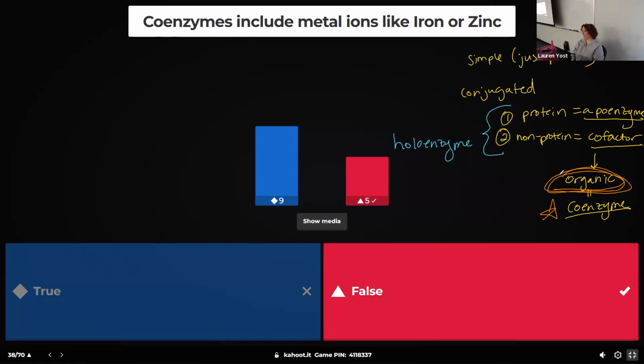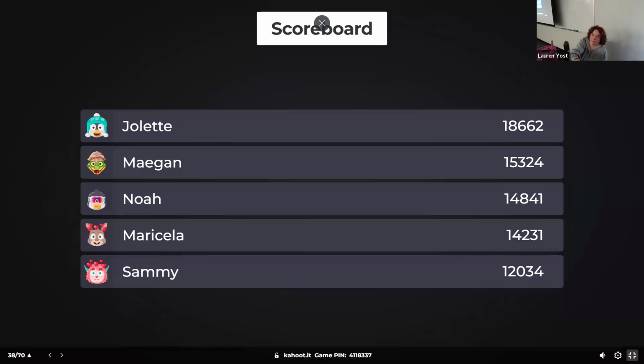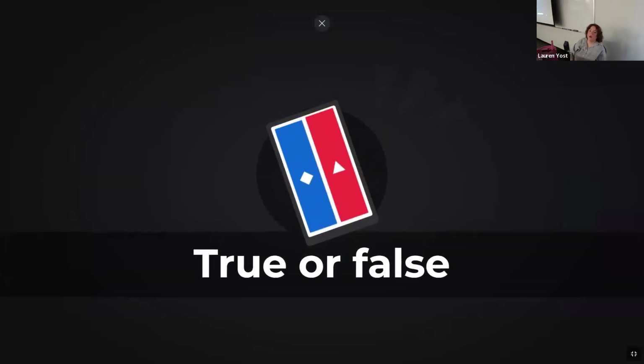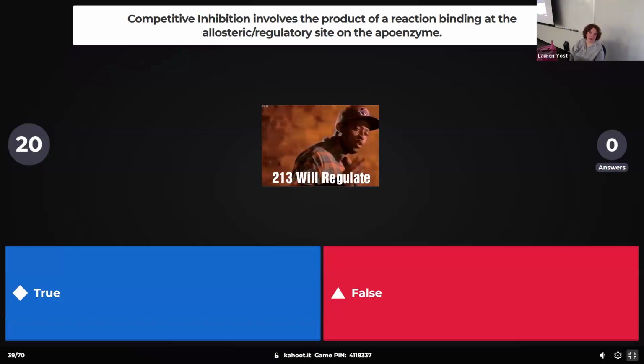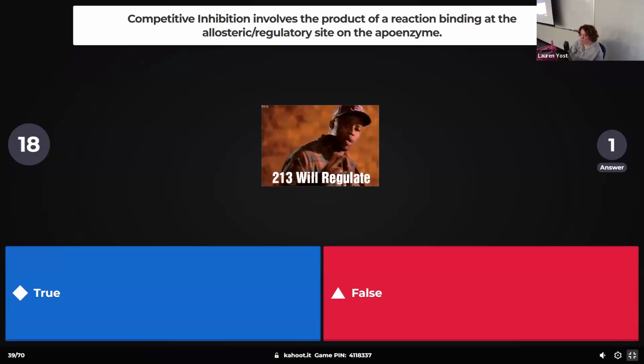Is iron organic? No. Is zinc organic? No. Okay. Cofactors might include iron or zinc, but not coenzymes. Coenzymes have to be organic molecules. True or false? Competitive inhibition involves the product of a reaction binding at the allosteric or regulatory site on the apoenzyme.